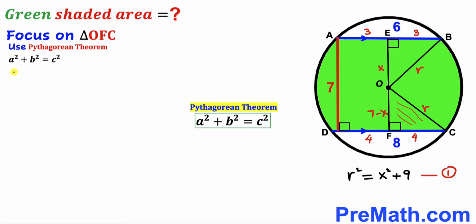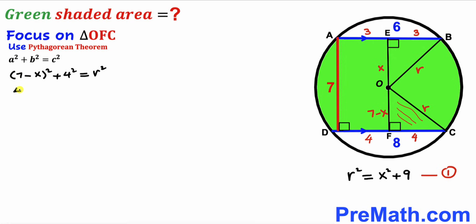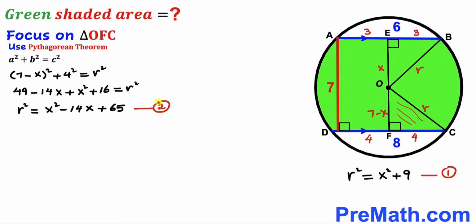So we get 7 minus x whole square plus 4 square equals r square. Let's simplify. That gives us 49 minus 14x plus x square plus 16 equals r square. I'm going to label this one as equation number 2.